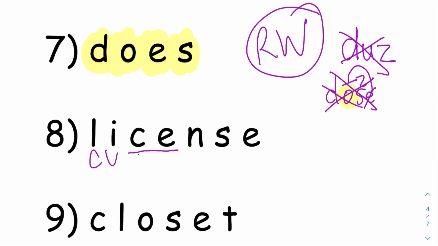Let's keep rolling here. We'll start coding our word. E makes the I say I, kind of like lice. And we see this once again so it doesn't look plural there.